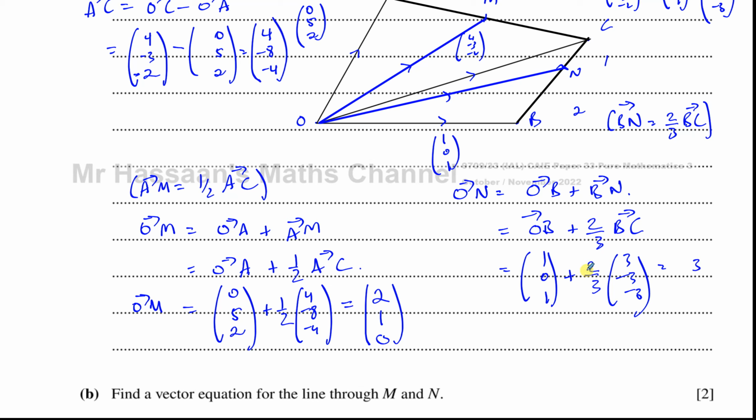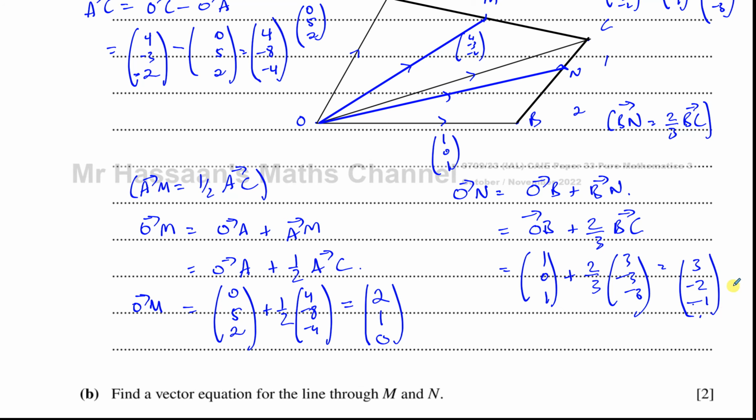And you have 0, again, the 3's will cancel out, you'll have -2. 2/3 times -3 is -2. And 2/3 times -3 again is going to be -2, but then you have to add 1 to it. So it's 1 minus 2, which is -1.